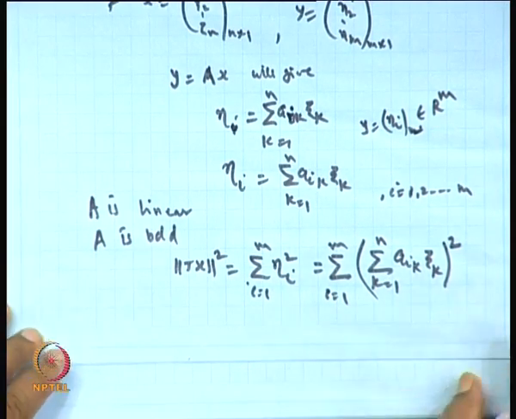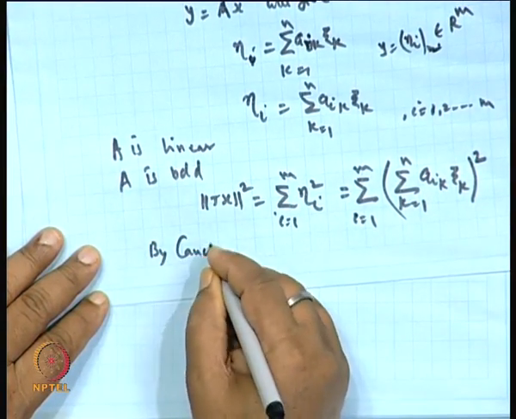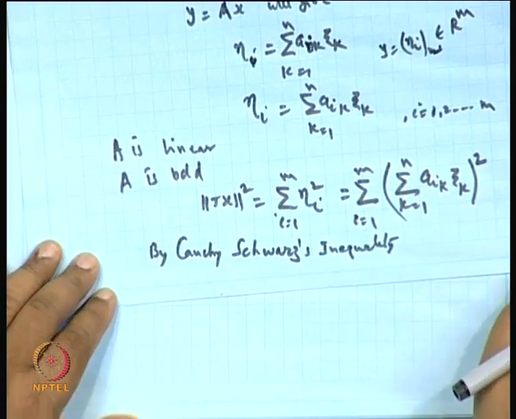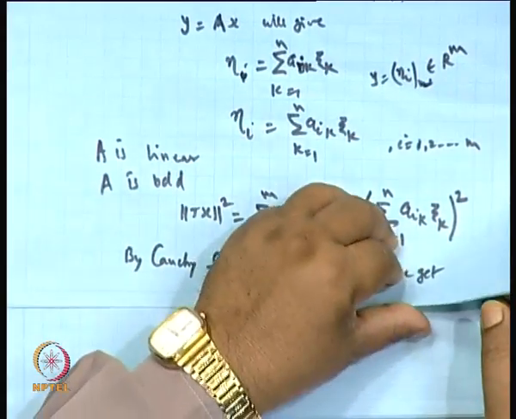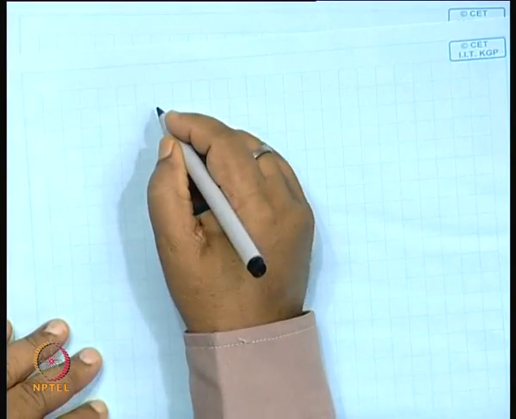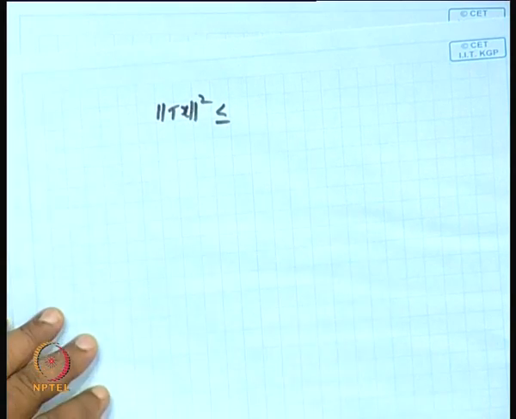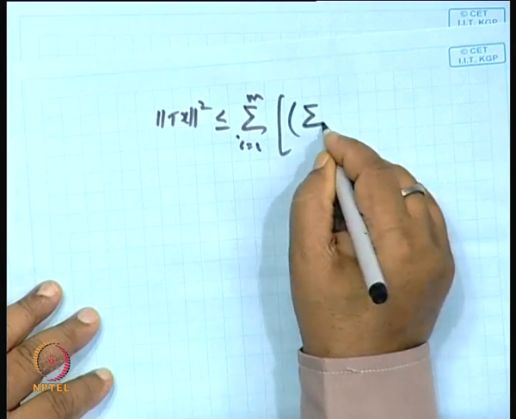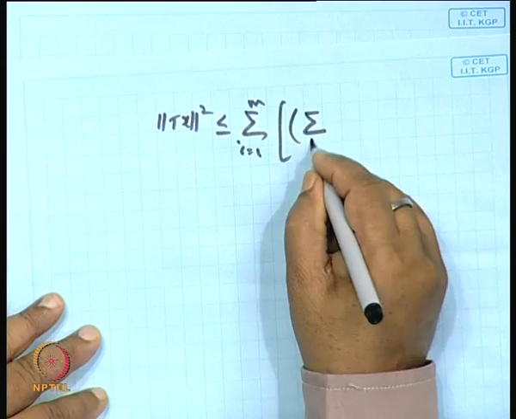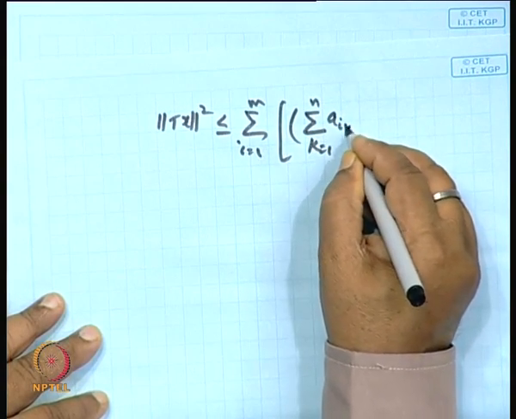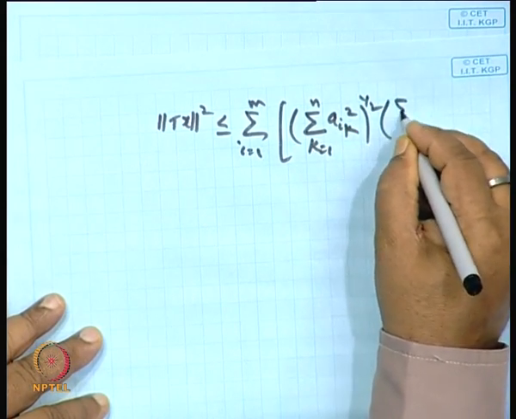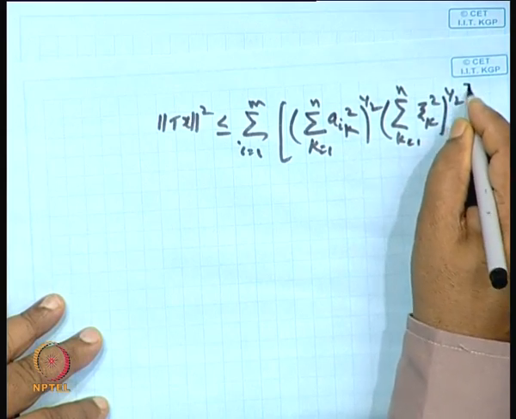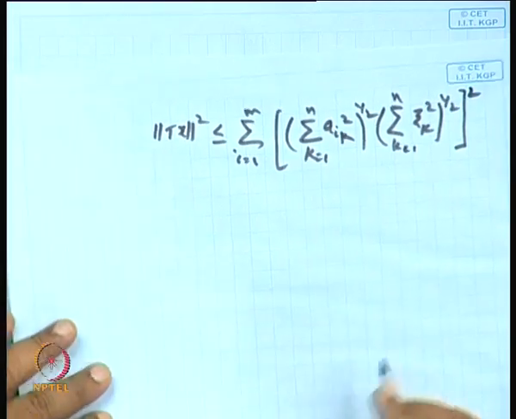Now, apply the Cauchy Schwarz inequality. So, by the Cauchy Schwarz inequality, we get that this norm of Tx squared is less than or equal to sigma i equal to 1 to m as usual, then sigma k equal to 1 to n, a_ik squared to the power half, sigma k equal to 1 to n, x_ik squared to the power half, and then whole squared, because this is squared.